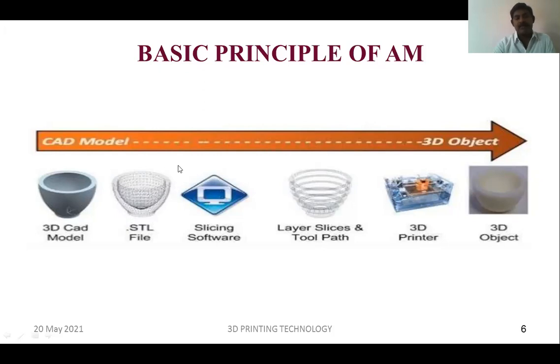Next we go to slicing software. Slicing software is necessary because for 3D printing we need a layer-by-layer process, so we need to slice the component into images. The sliced image is then transferred to the 3D printer.